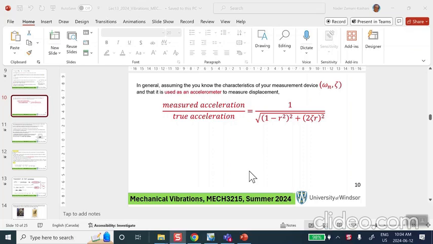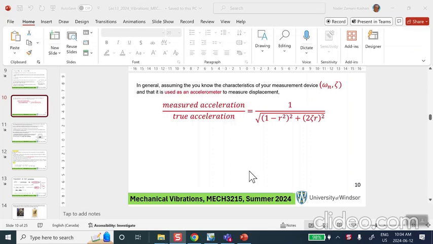Before I do the example as mentioned, I would like to go back to this slide and notice that it says, assuming that you know the characteristics of your measuring device.